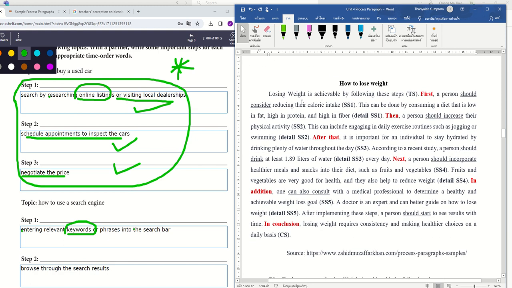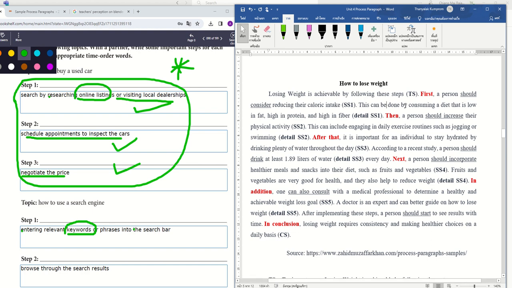So how to lose weight? There are five steps to achieve weight loss. The first one is what? A person should consider reducing their calorie intake, the calories that you eat from food.